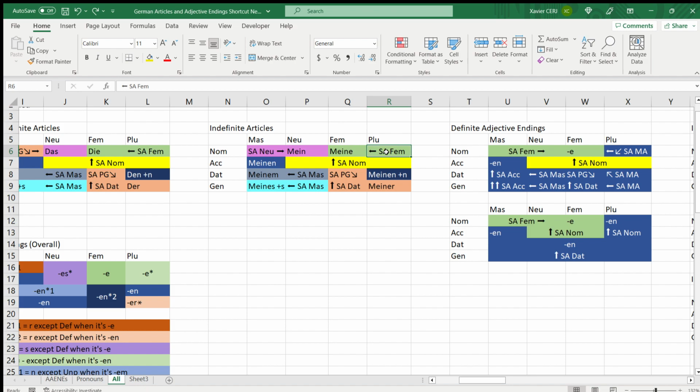Got it? We're on the same page? Cool. So nominative plural, of course, as you can see here, is the same as the feminine nominative. It is meine, so it'd be meine Schuhe, right? My shoes. Yeah? Cool.